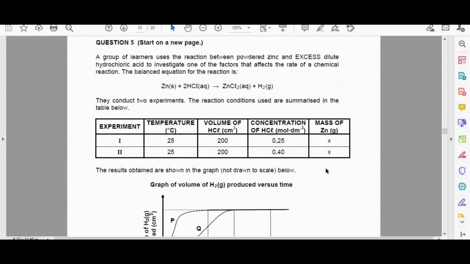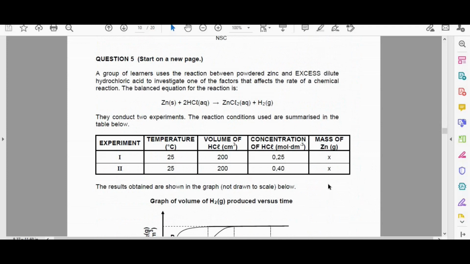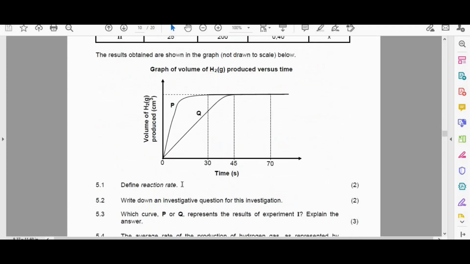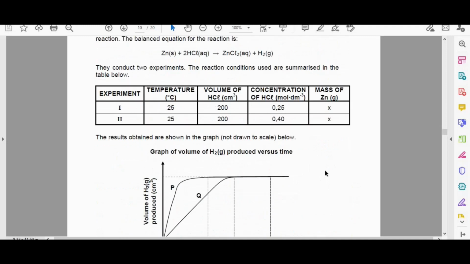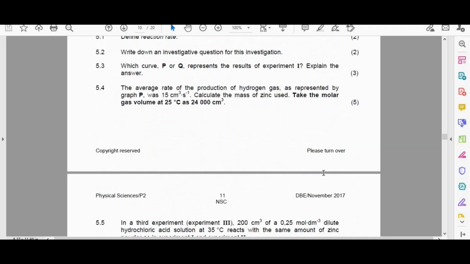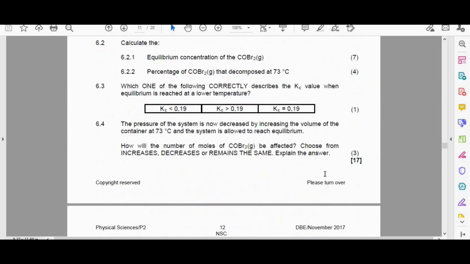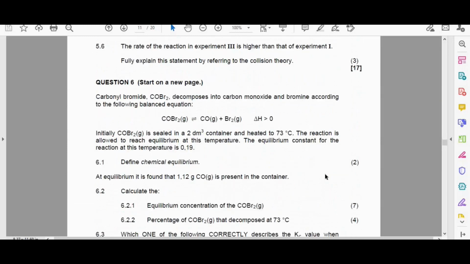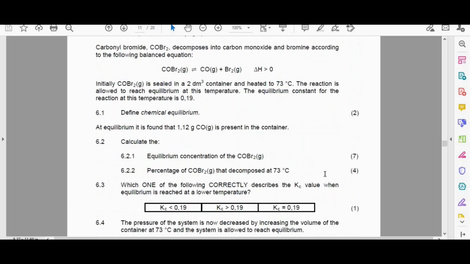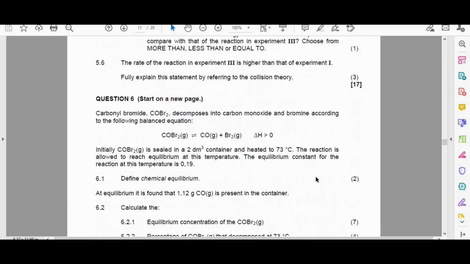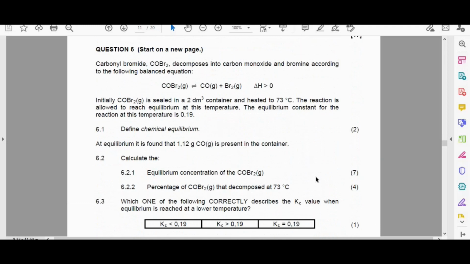And here we have question 5, which leaves the organic chemistry now and moves on to the next section, which is reaction rates, which would lead into the section of acids and bases and chemical equilibrium. So I want to start going through question 6 because it has the chemical equilibrium question in it.